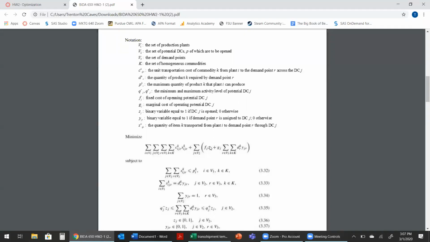So our total objective function is to minimize our transportation costs and our operating costs.